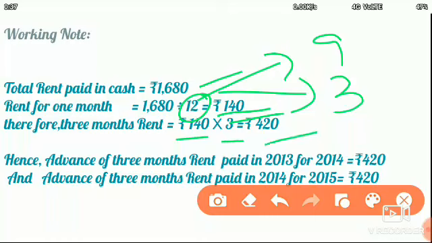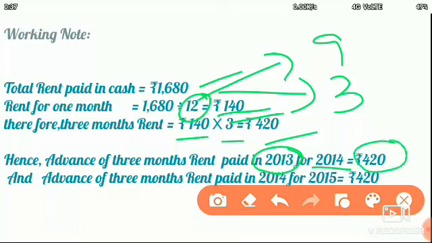So we got the 3 months rent, which is an advance, for the beginning as well as at the end. That means the previous year's advance and the current year's advance, which is paid for the next year. In 2013 an advance rent was paid, so it is for the year 2014.